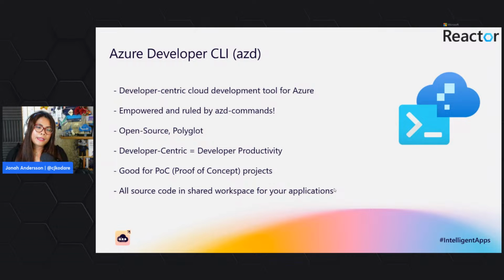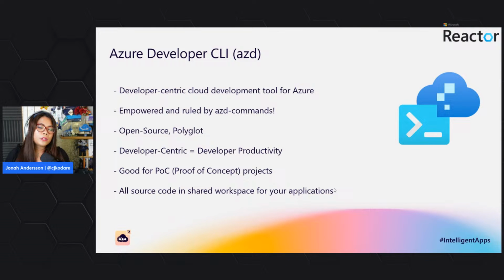And this might be not ideal for all use case scenarios, but for example, if you have a good first project for modernization or a cloud migration, so it's good for proof of concept projects, or if you are a team that don't know where to start, but you have a project goal to do something in the cloud. So this is a good starter template or boilerplate blueprint template, you can call it.